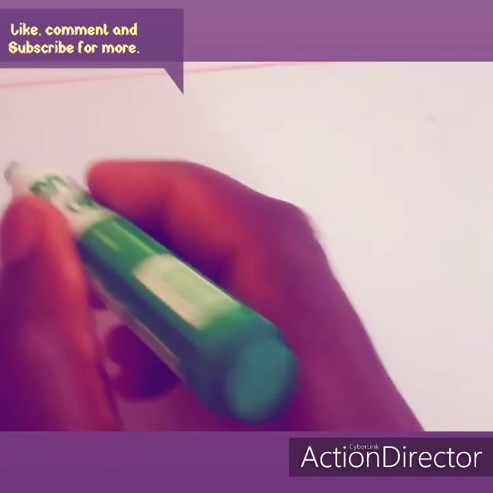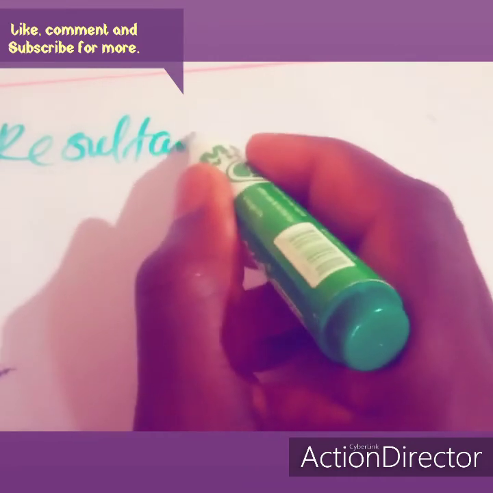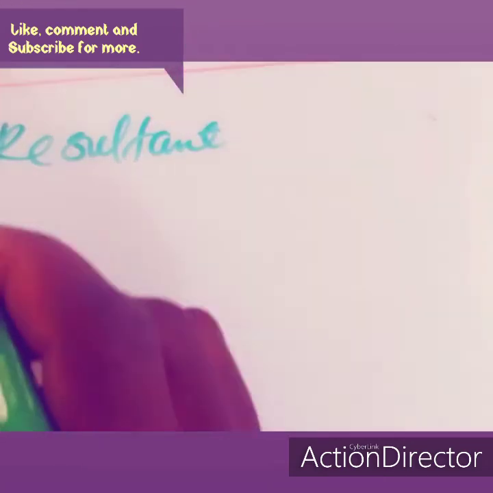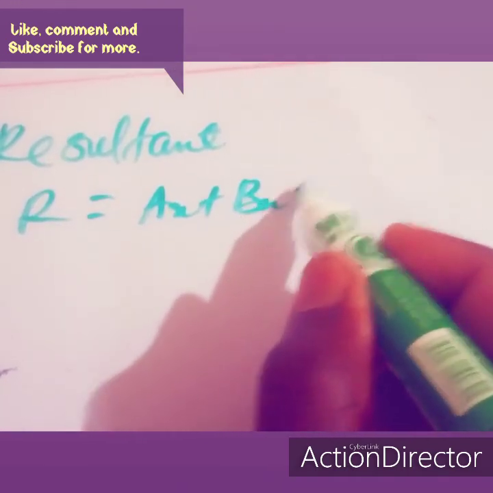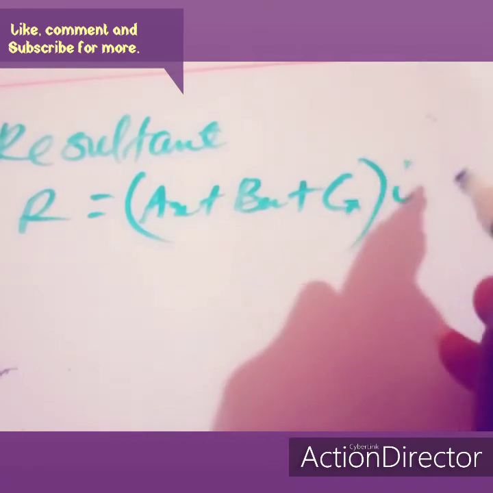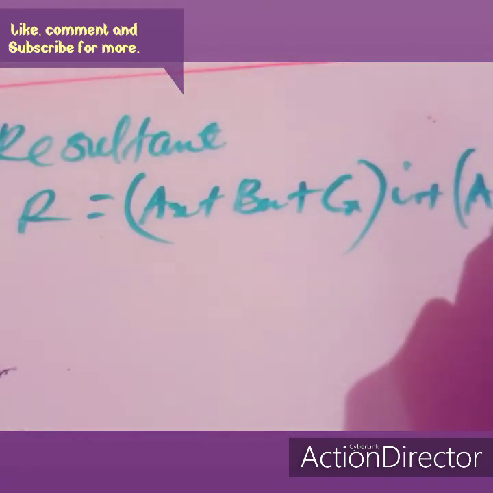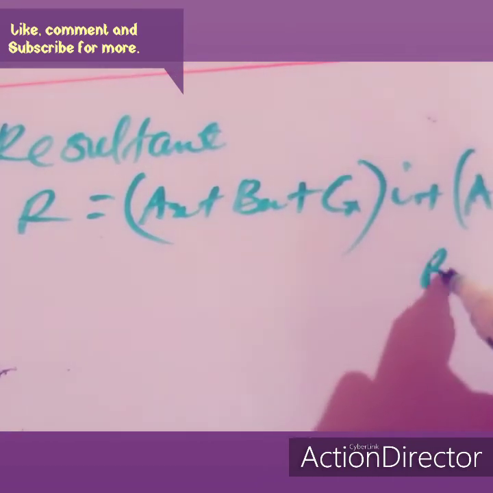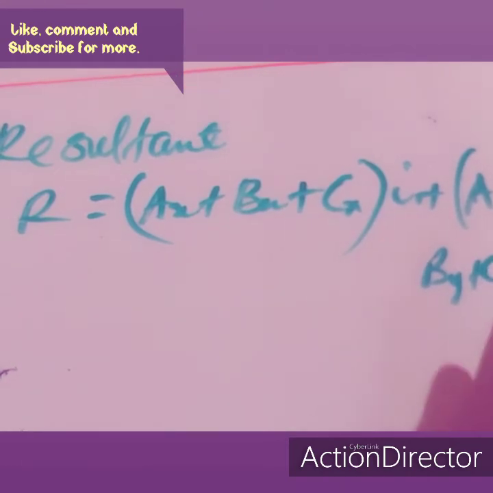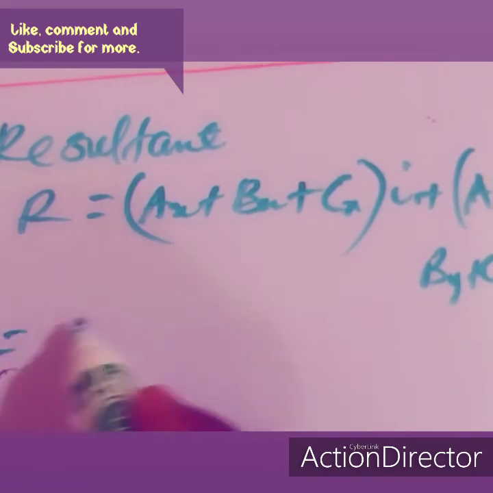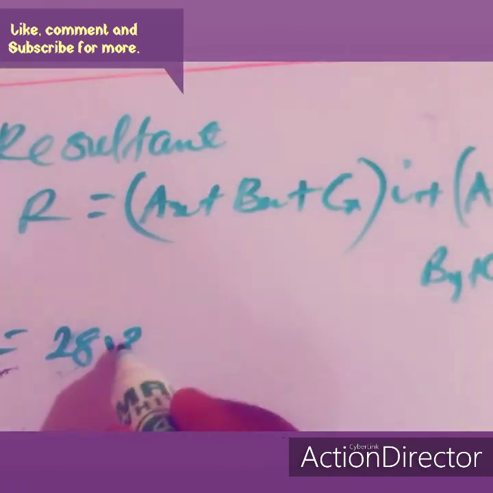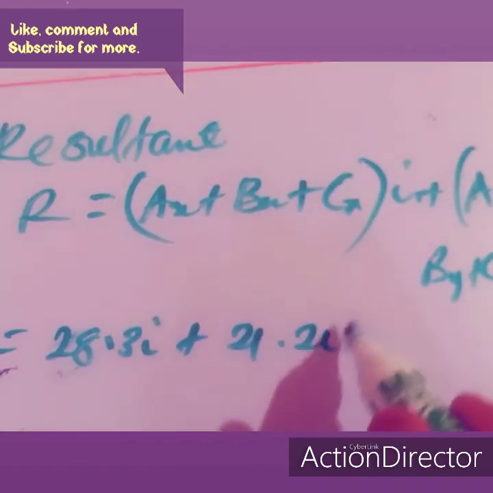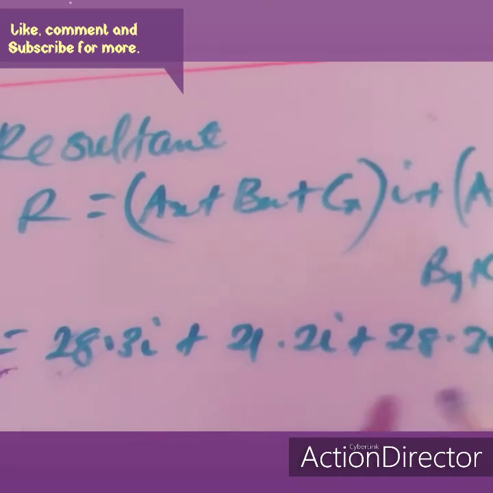So for the resultant, say R will be equal to AX plus BX plus CX I plus, in the y-axis, AY plus BY plus CY, J. So this is giving us R will be equal to 28.3 I plus 21.2 I plus 28.3 I. Then you add also in the y-axis, such that my board here isn't allowing me to go as far as I can go.